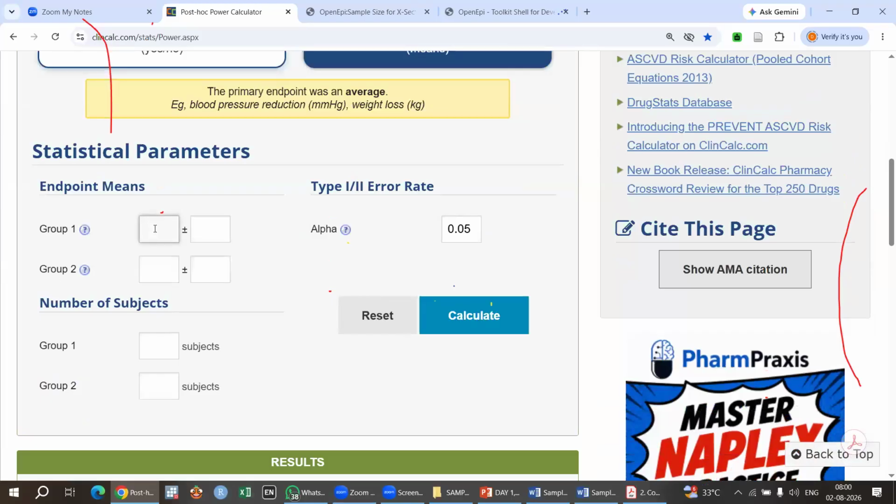Suppose I got serum creatinine level at 6 months in group 1 that is 2.6 and SD 1.7, and in group 2 it is 5.4 and SD 2.4. Suppose these are my results.